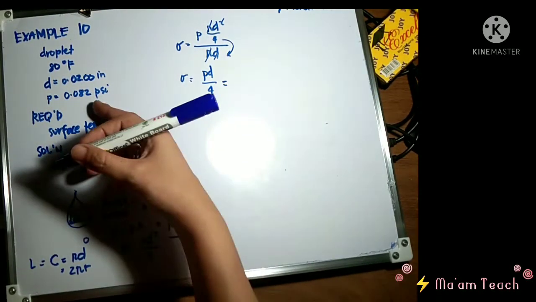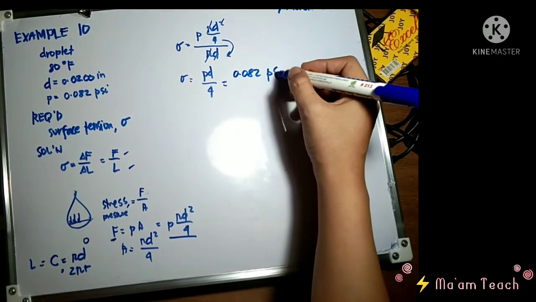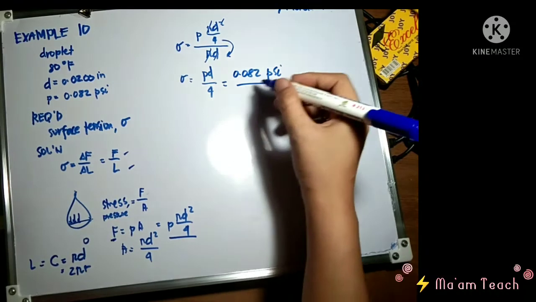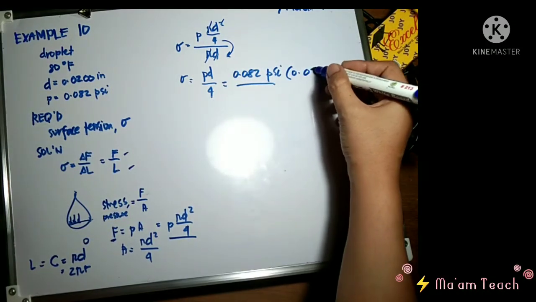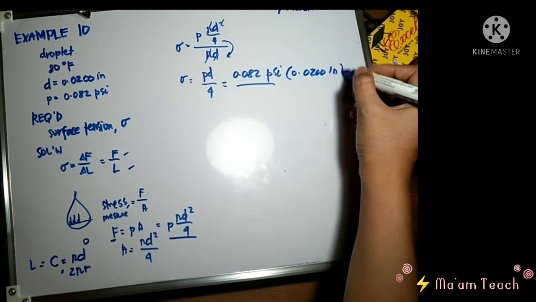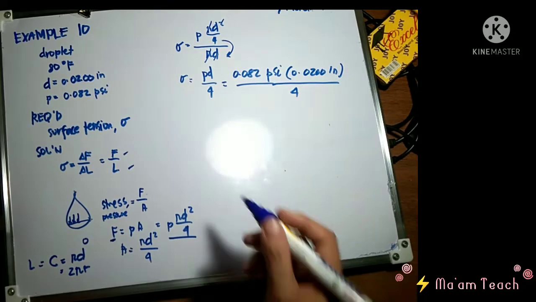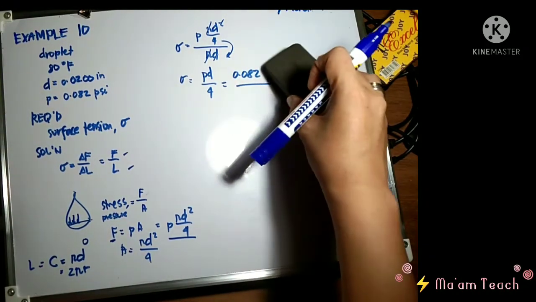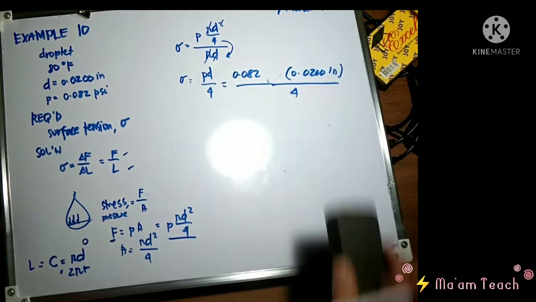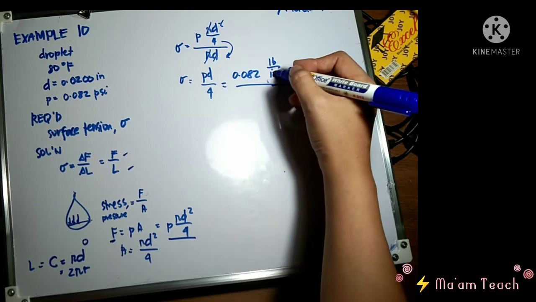So substituting, class, we have 0.082 psi times the diameter, which is 0.0200 inch. By the way, we don't have to convert. It's because psi is what again? psi is pound per square inch.